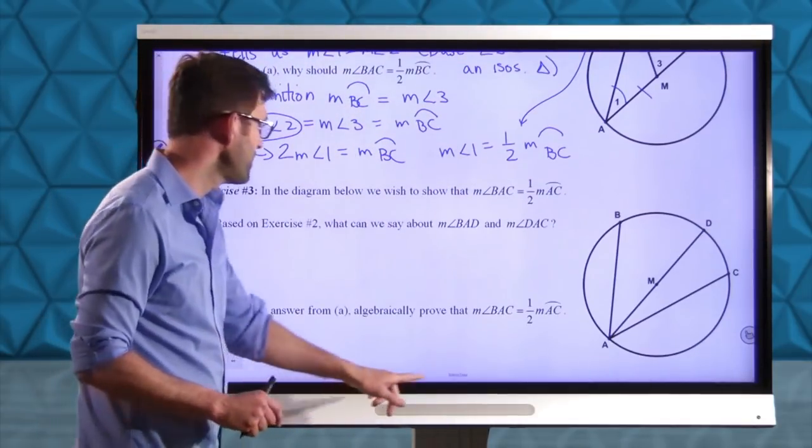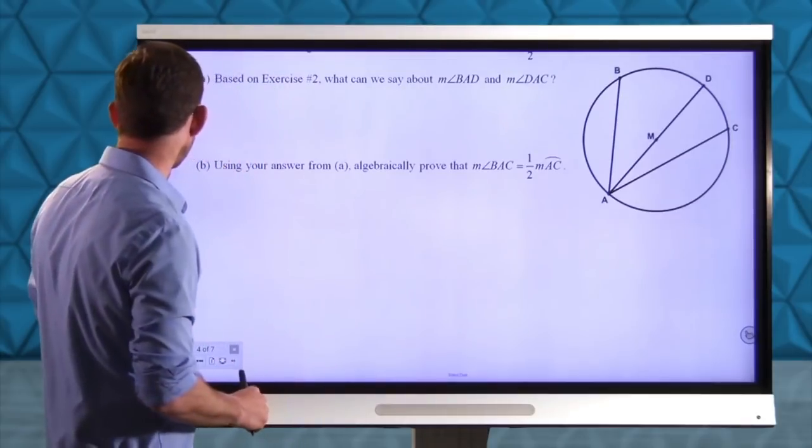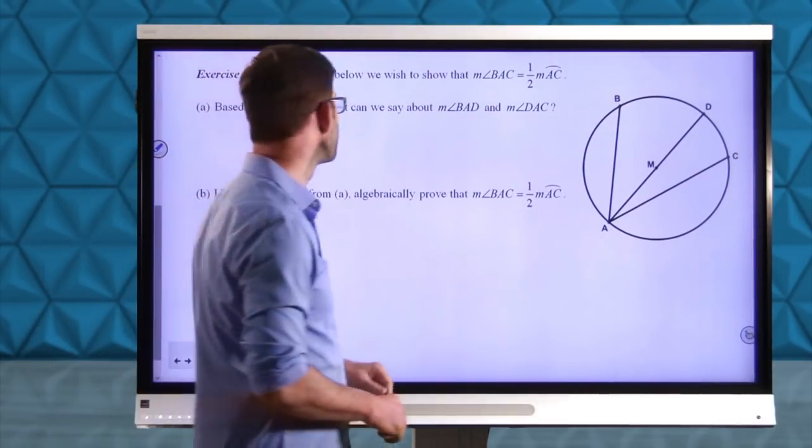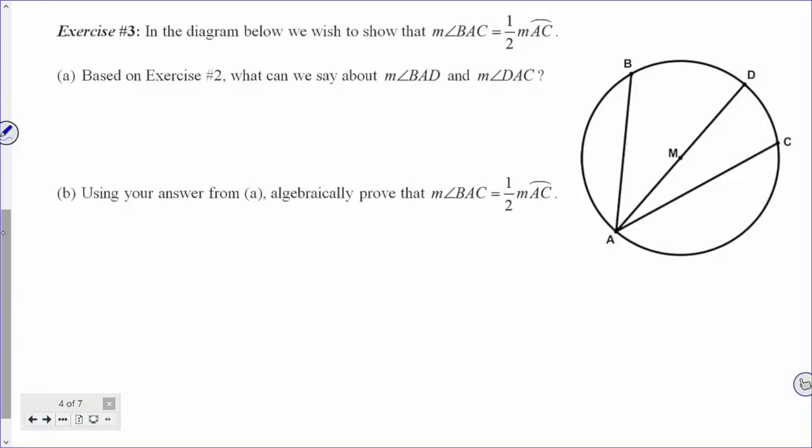Let's take a look at the exercise 3. Bring this back in frame a little bit more. Let's take a look at what it says. In the diagram below, we wish to show that the measure of angle BAC is 1/2 the measure of arc AC. All right? Actually, we want to show that it's 1/2 the measure of arc, my apologies, BC, not arc AC.